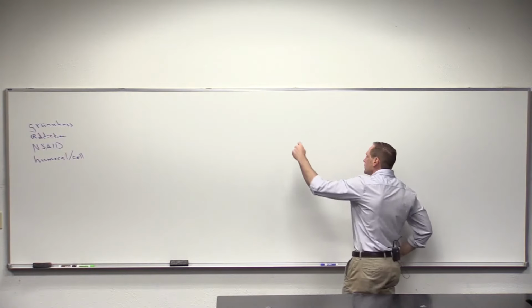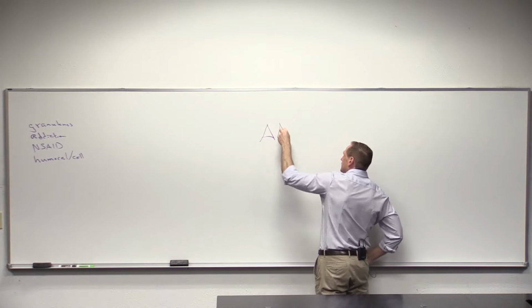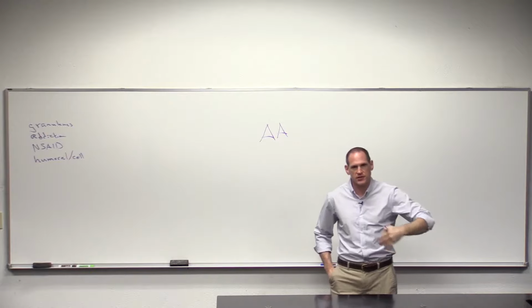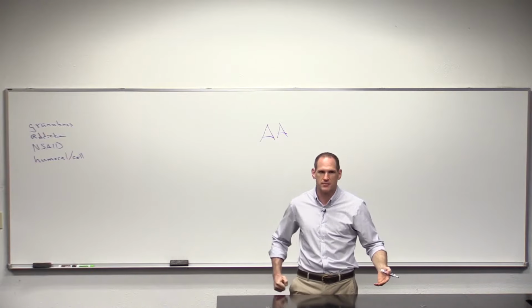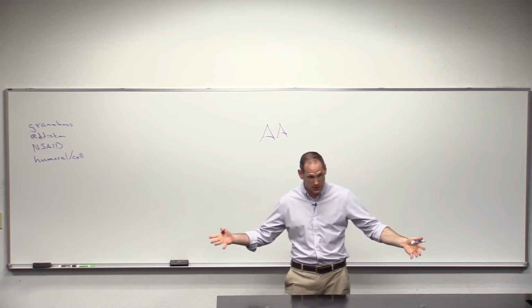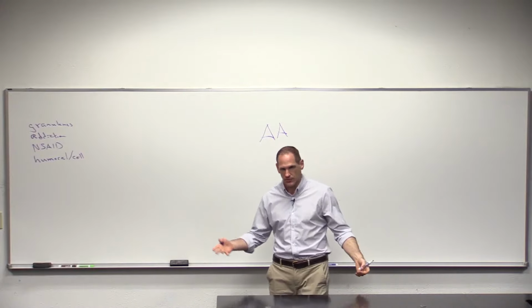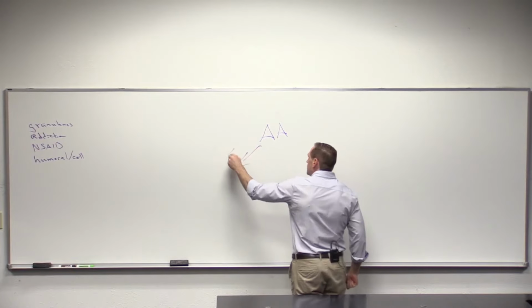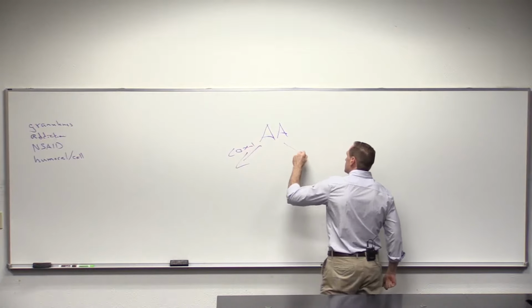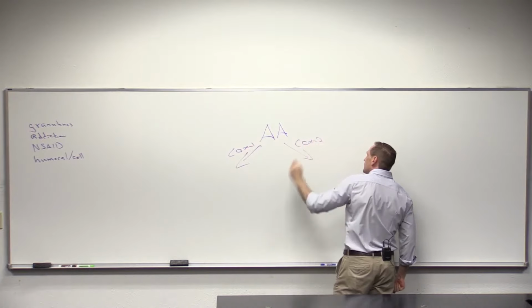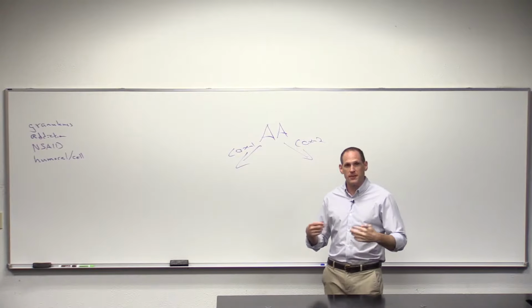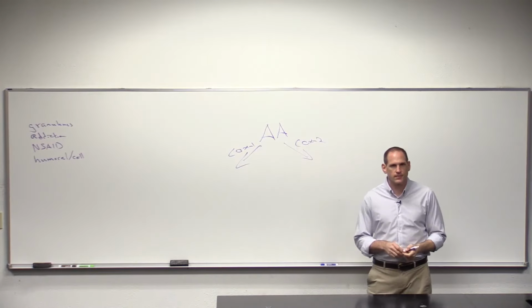So we have arachidonic acid. Arachidonic acid is converted into prostaglandins by enzymes. The 2 enzymes we need to know for right now are COX-1 and COX-2. Now, which of those 2 leads to inflammation under ordinary circumstances?